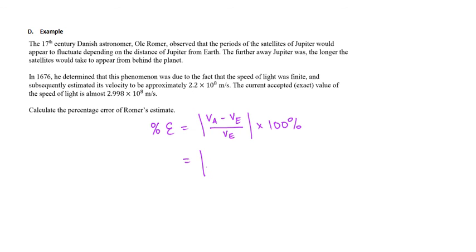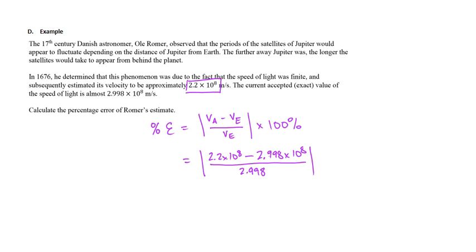So if we substitute in our values, our approximate is 2.2 times 10 to the 8. So we're going to substitute that in, and we're going to subtract our exact value, 2.998 times 10 to the 8, and we're going to divide that difference by the exact value again.